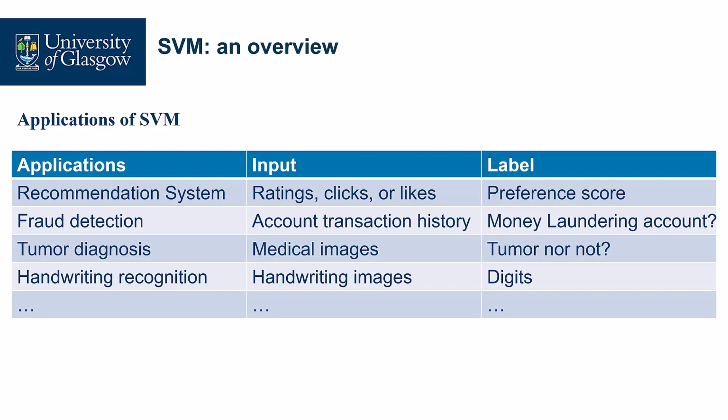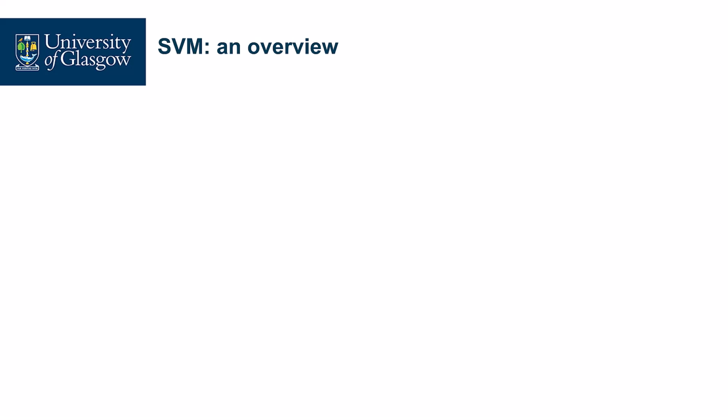And in medical, we can identify tumor diagnosis: we can see the medical images and identify the tumor or not. And for handwriting recognition, you have already seen it before in previous sessions, right? So SVM is widely used in these areas.